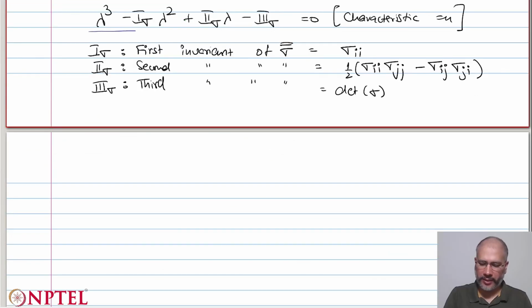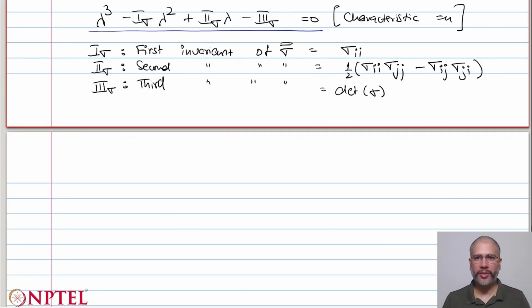Now from this characteristic equation, we see that the coefficients are all invariants. So what that will mean is that irrespective of the choice of the coordinate system that I use to represent sigma, that is, I can do any transformation to my coordinate system and I get a different sigma prime, but when I calculate the coefficients, they come out to be exactly the same because by definition these are invariants.